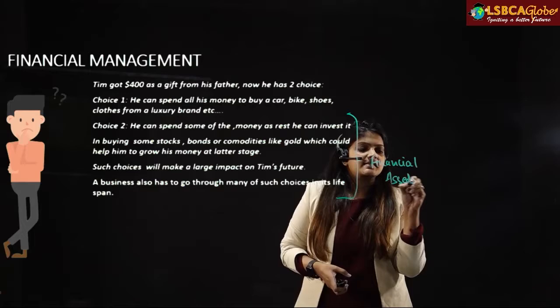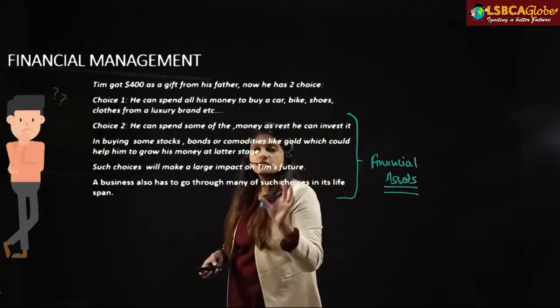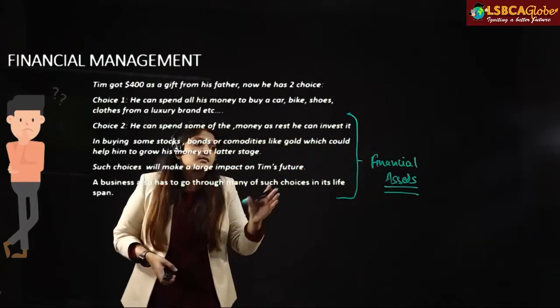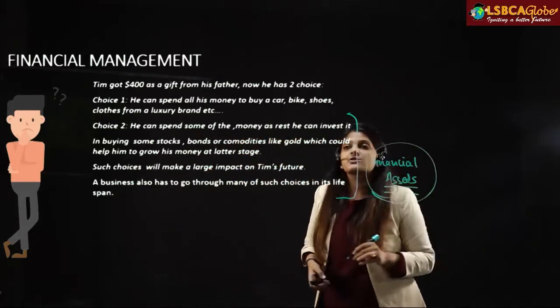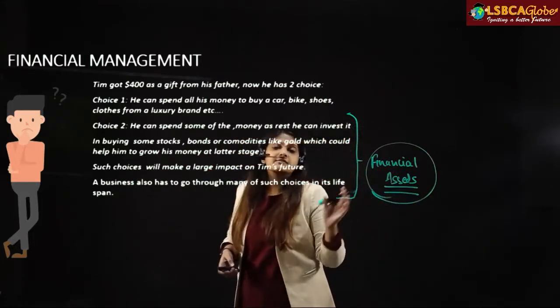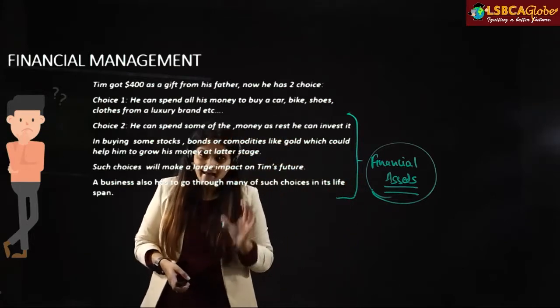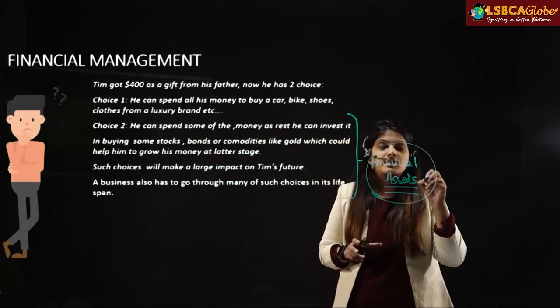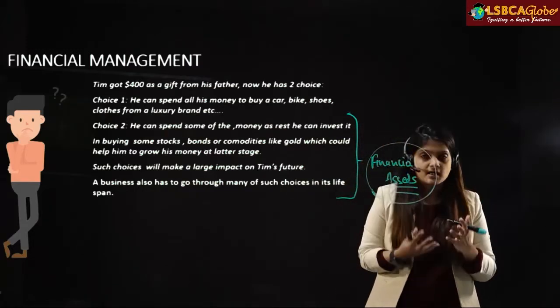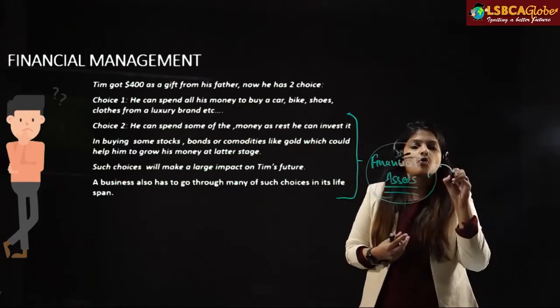These types of assets like stocks, shares, gold or land are regarded as financial assets. Why? Because these assets are purchased by somebody to grow his money.